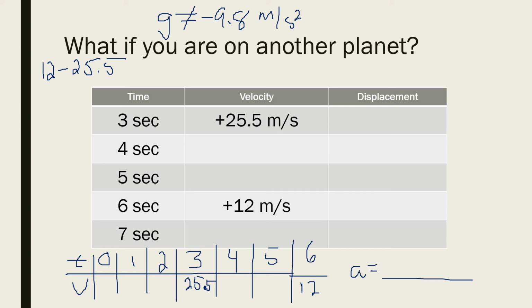And you divide it by the number of seconds that it takes to go from 3 to 6. 1, 2, 3. 3 jumps. 6 minus 3 is 3, essentially. What is 12 minus 25.5 divided by 3? That's it. There's the acceleration.